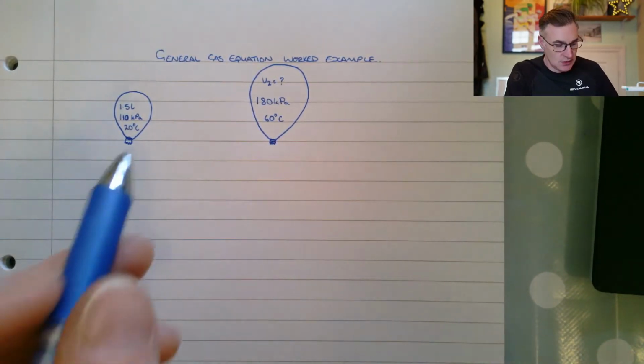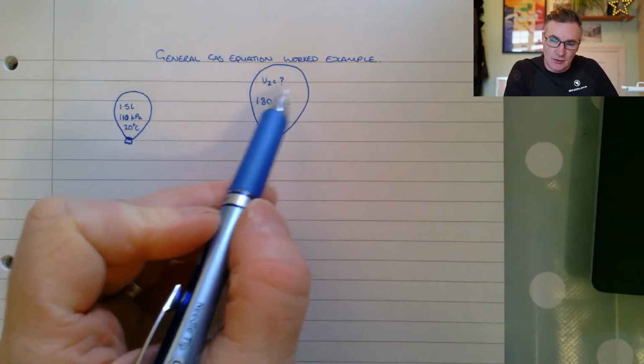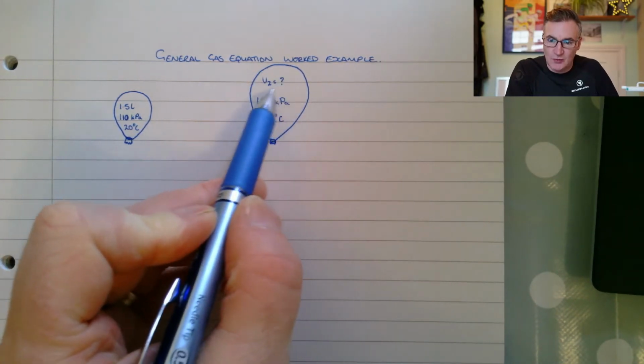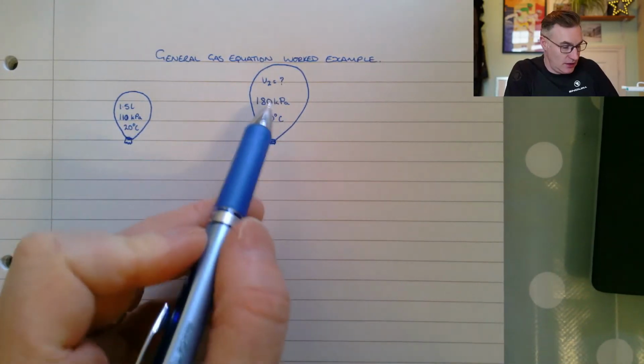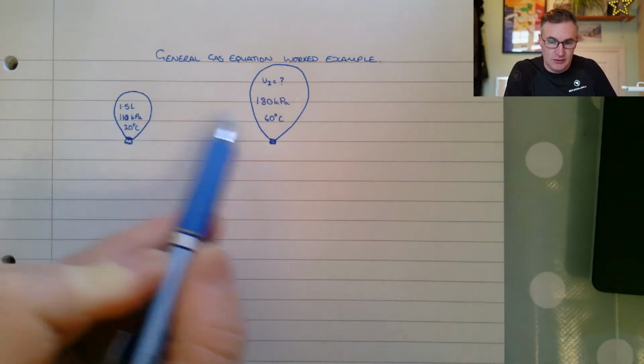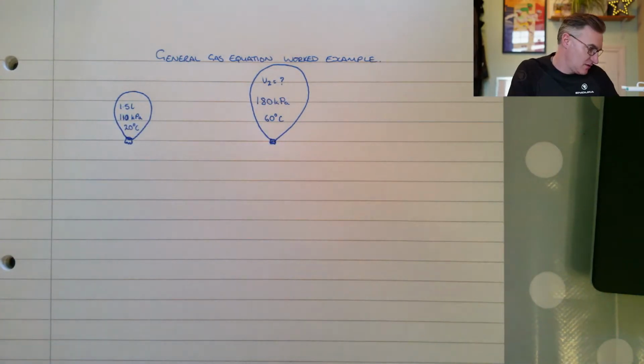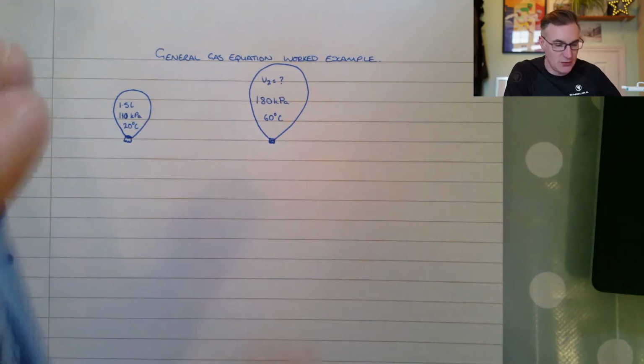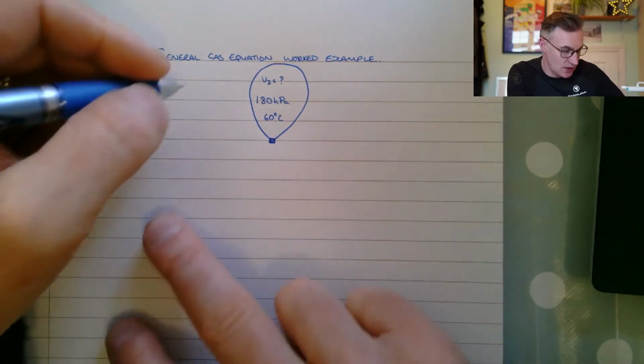Okay, so in all these cases you're only ever going to have one unknown, and it will just depend on which one it is that you have to rearrange your formula for. But the rearrangement is exactly the same as before.